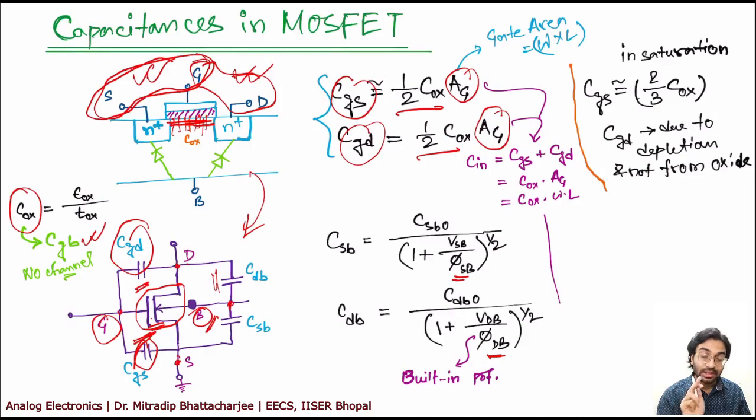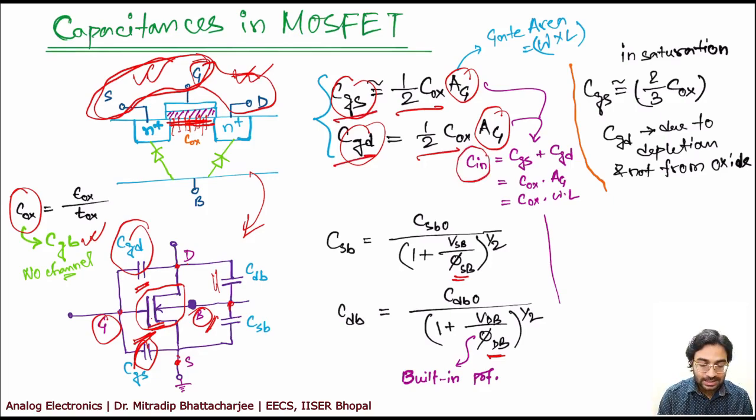All these are capacitance per unit area. And why it is capacitance per unit area, I already explained. Because in devices, the charge density is what people use a lot. So that is why the capacitances that you are considering are actually capacitance per unit area. So this is your CGS and CGD in linear mode.